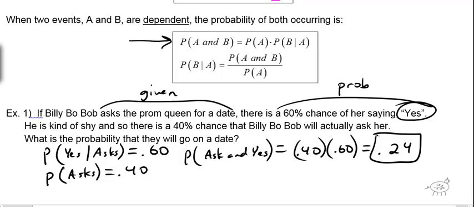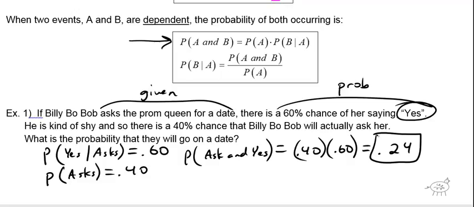Do you guys agree that he's got to ask her for a date, first of all, and then there's a 60% chance of her saying yes? The probability that he's even going to be bold enough to ask for a date is 0.4. That's pretty low. It's less than half the chance that he's going to ask her for a date.